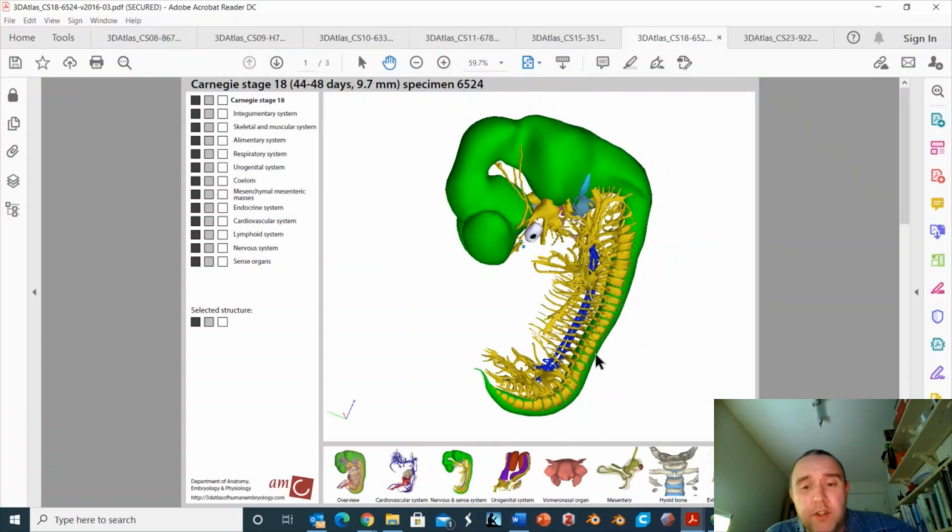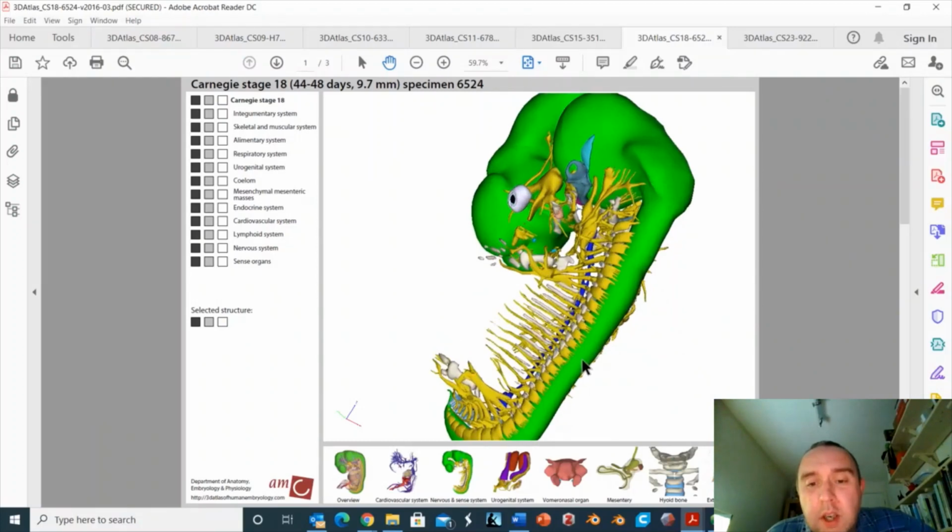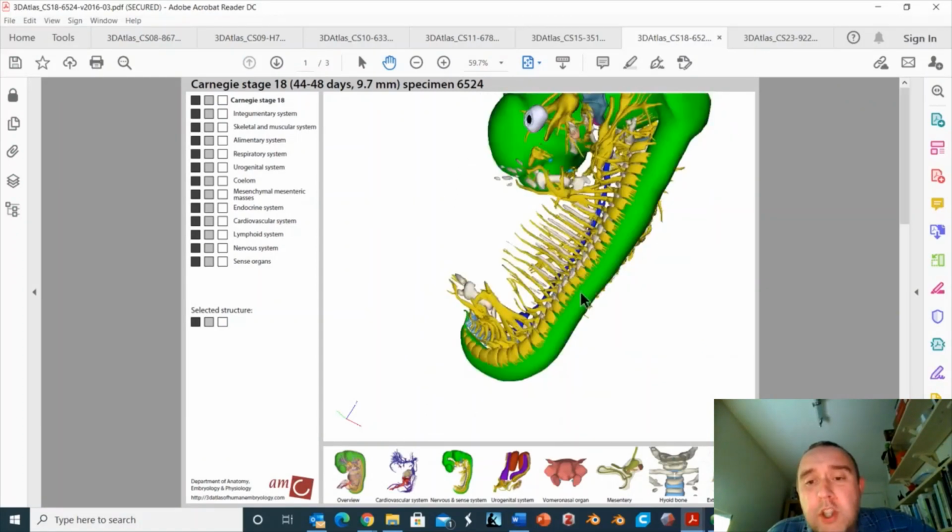Another thing I want to emphasize to you is I want to add on the skeletal system. And the skeletal system is not fully developed yet. But what I hope you can appreciate just by looking at the derivatives of these somites is that still at this stage, we're about a centimetre long, the neural tube fills the entirety of the vertebral canal.